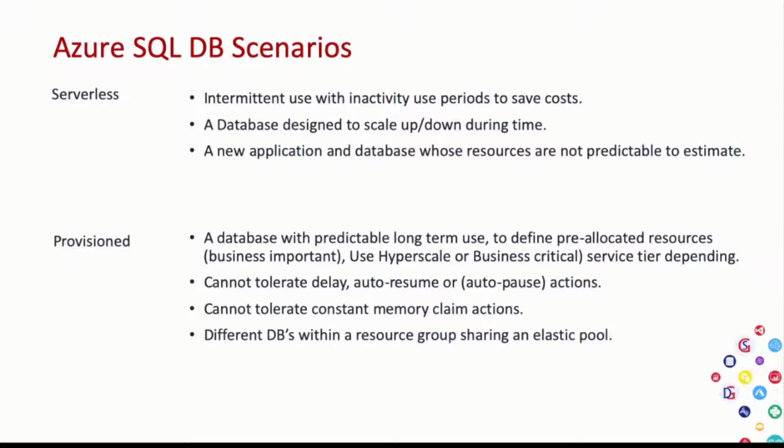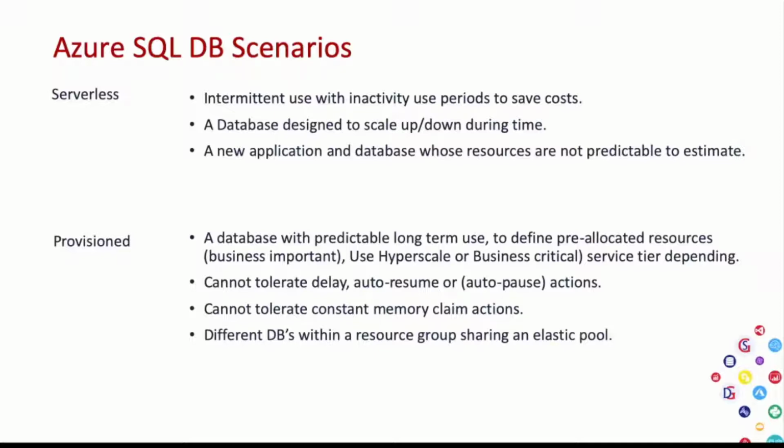For that, we need the provisioned model. Also, we can select Hyperscale or Business Critical in your service tier, depending on the performance you need. Because another characteristic is that you cannot tolerate delay, auto resume, auto pause.